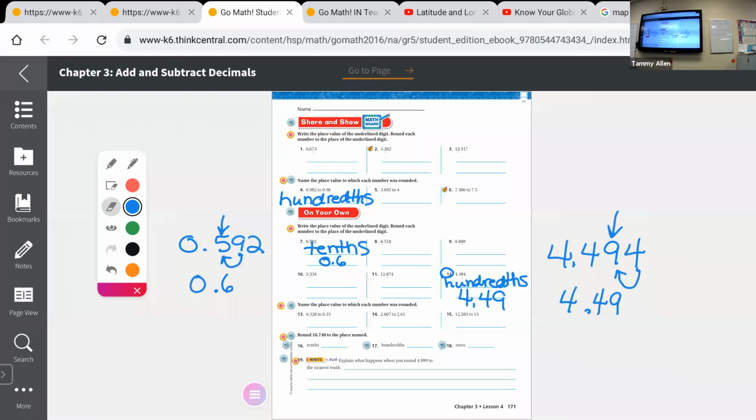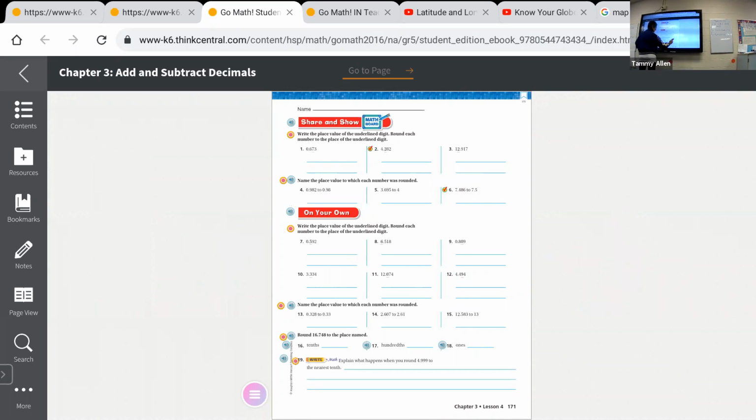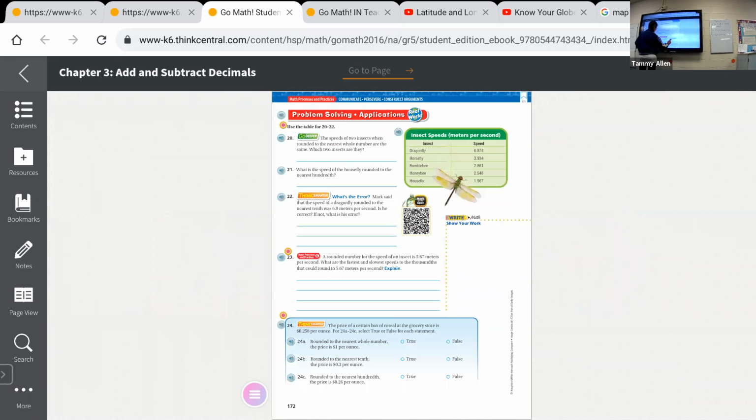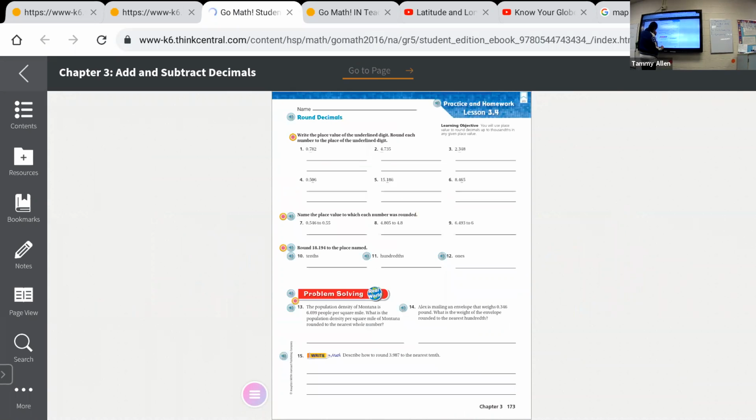From page 173 then, let's take a look at that. On 173, let's do the odds.